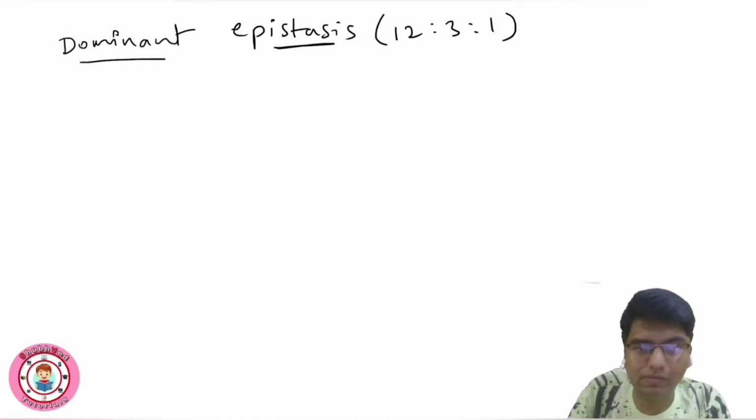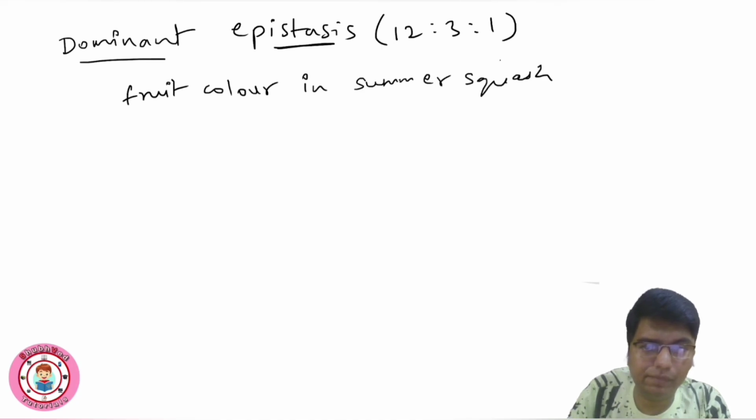Dominant epistasis means dominant genes will suppress. The example is fruit color in summer squash.